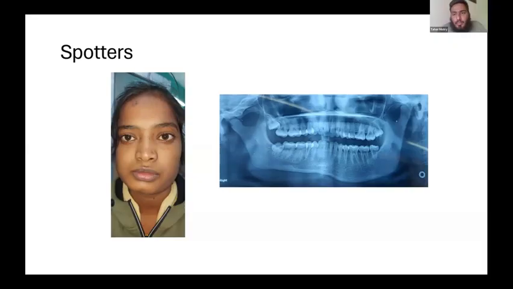Yes, sir. And if team 1 would like to add something. It appears to be a case of hemimandibular hyperplasia, sir, where the left side of the mandible is elongated, leading to deviation of the chin towards the contralateral side.